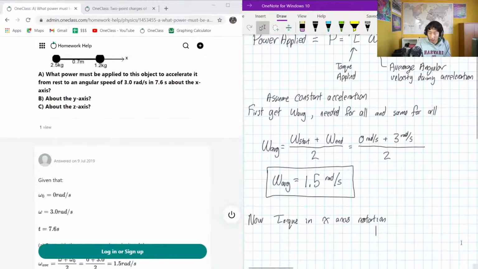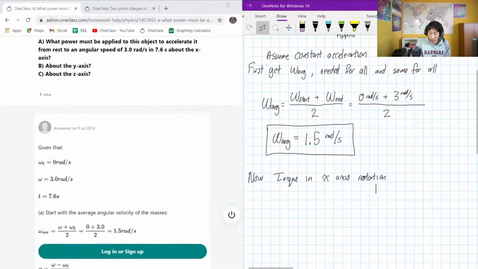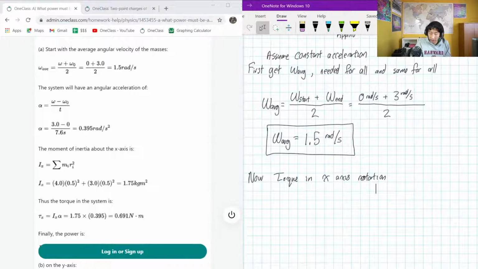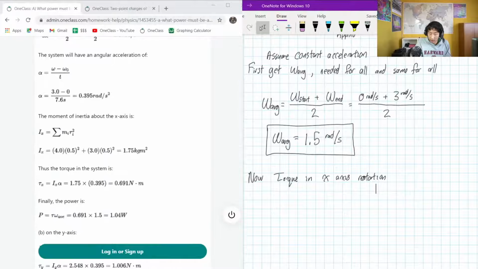So we know that torque is going to be equal to the angular acceleration multiplied by the moment of inertia, right? So the torque about the x-axis is going to be equal to the moment of inertia about the x-axis multiplied by the angular acceleration about the x-axis. But angular acceleration is going to be the same for everyone.